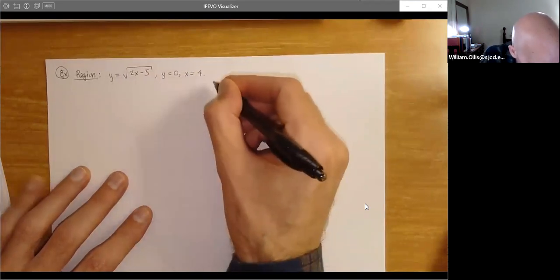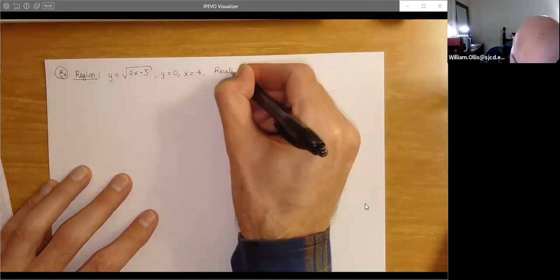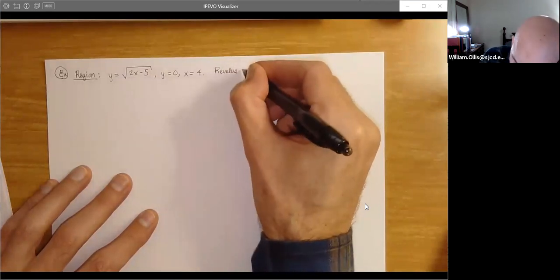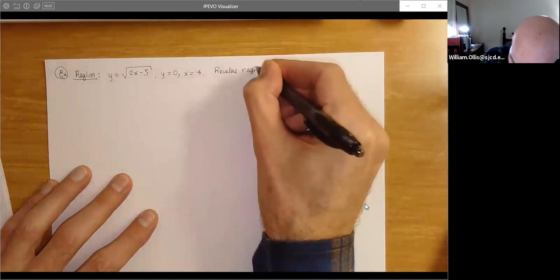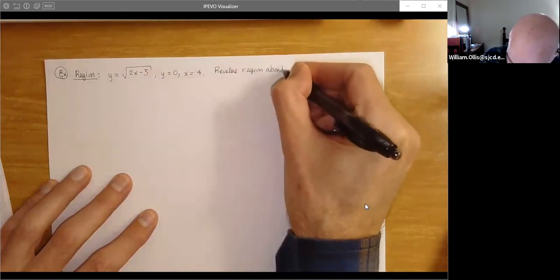And what we want to do is revolve the region about the x-axis.